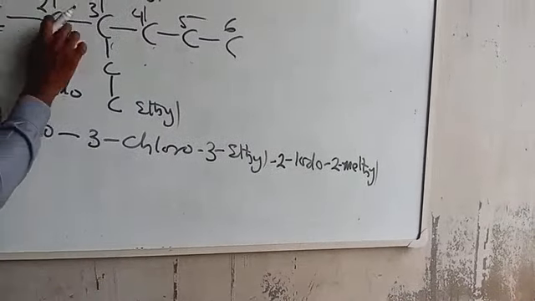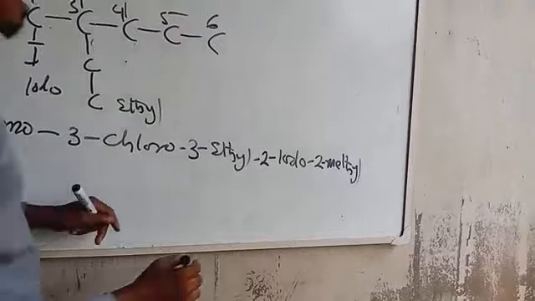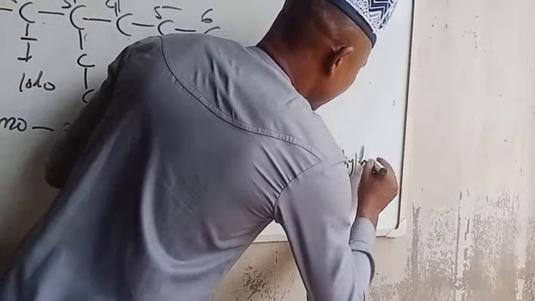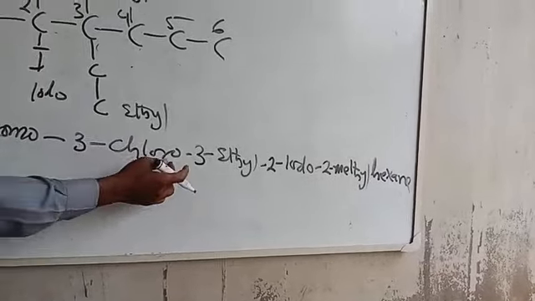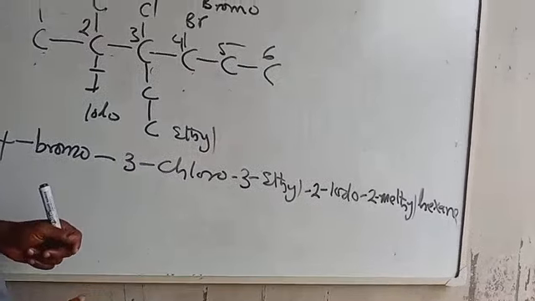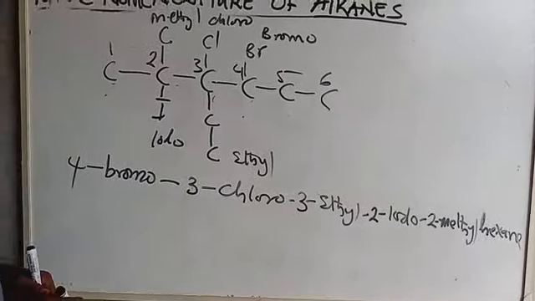Now let's look at 1, 2, 3, 4, 5, 6. Our parent chain is a hexane. So the name is 4-bromo, 3-chloro, 3-ethyl, 2-iodo, 2-methylhexane.